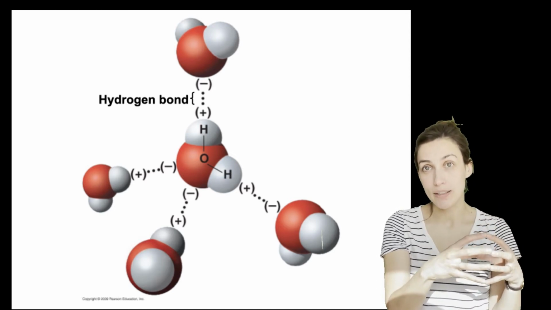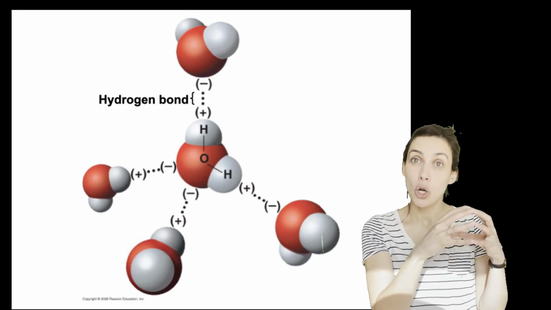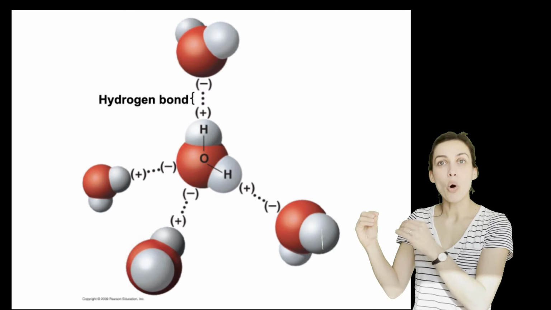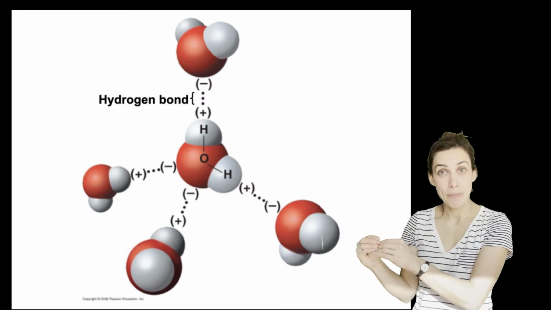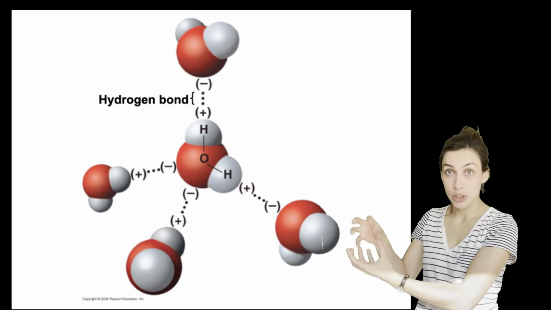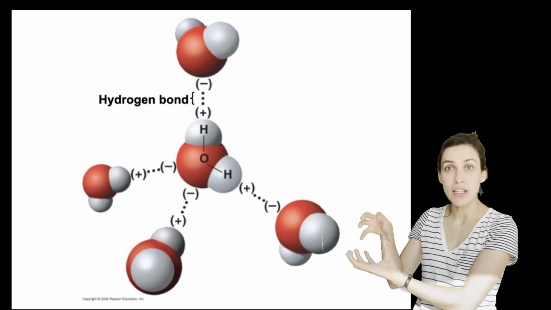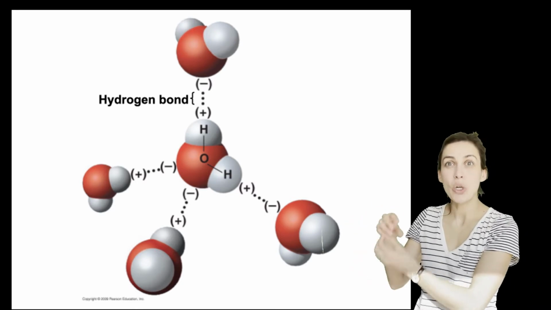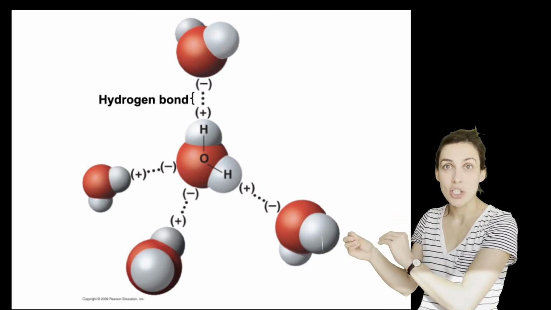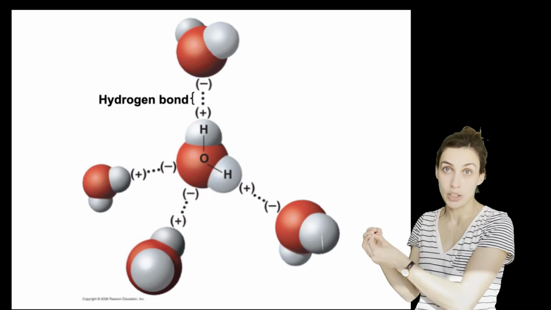That is the reason for cohesion. Water molecules have polar covalent bonds, which cause them to be polar molecules with an uneven distribution of charge, which then causes them to be attracted to the opposite end of a neighboring water molecule.